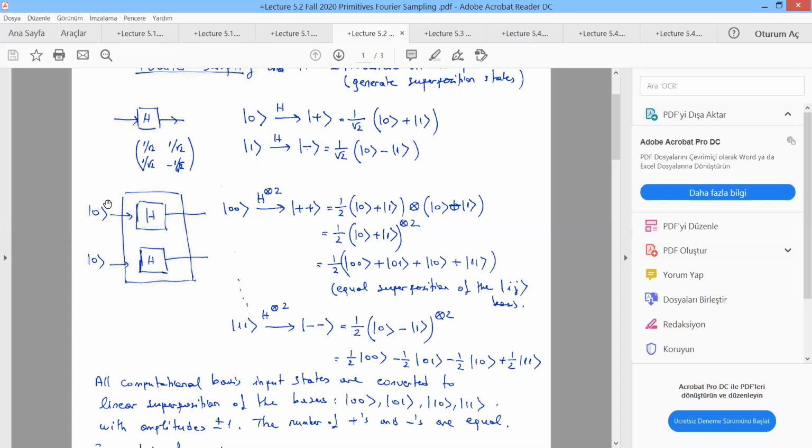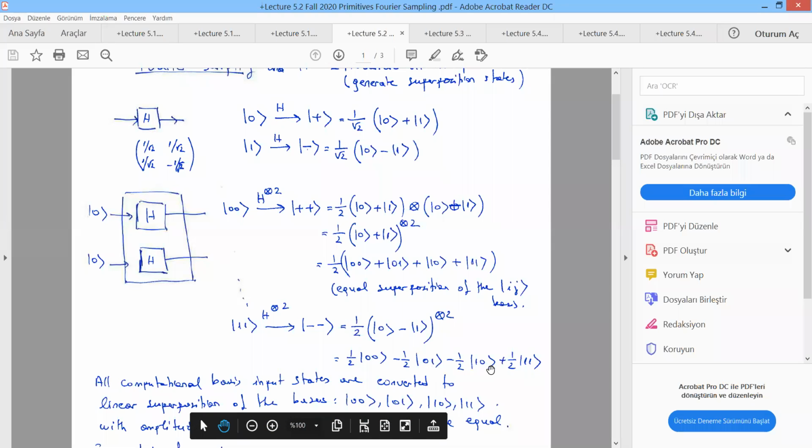Similarly, in the input, instead of |00>, we can try the other combinations like |01>, |10> or |11>. You'd always eventually get a linear superposition of all the basis states |00>, |01>, |10>, |11>. The only difference would be the plus and minus signs, these phases in front.